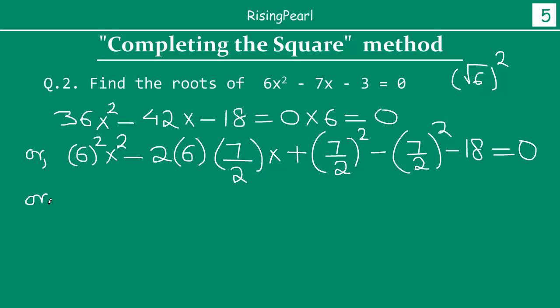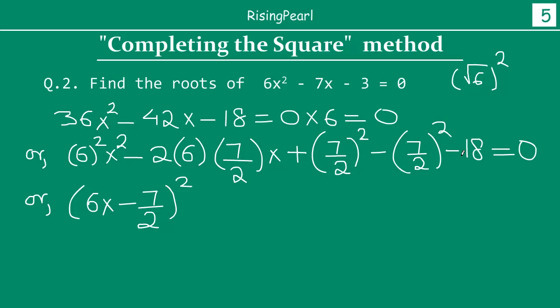So from here what we get is 6x minus 7 by 2 whole square. So again friends, we have moved all the x terms inside a whole square, completing the square technique. So we have moved all of the x terms inside a whole square, 6x minus 7 by 2 whole square.